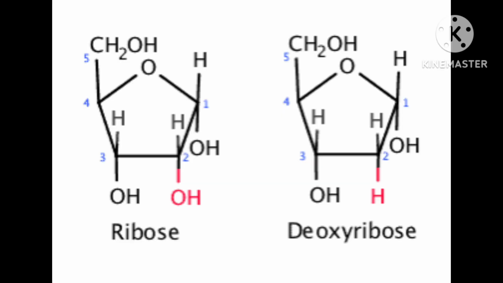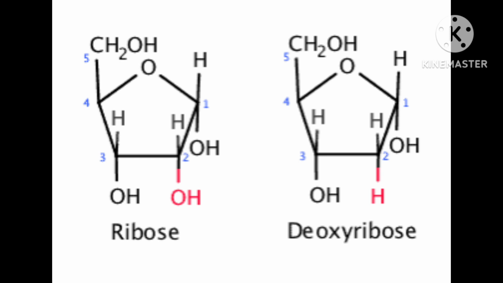Ribo, R-I-B-O. And in D, deoxyribo means oxygen will not be there. In ribo, OH will also be there, H will also be there. But in DNA, deoxyribonucleic acid, oxygen will not be there.